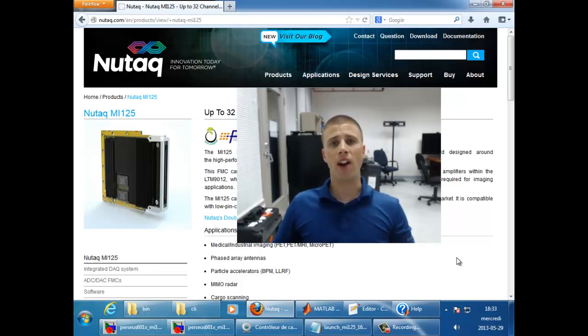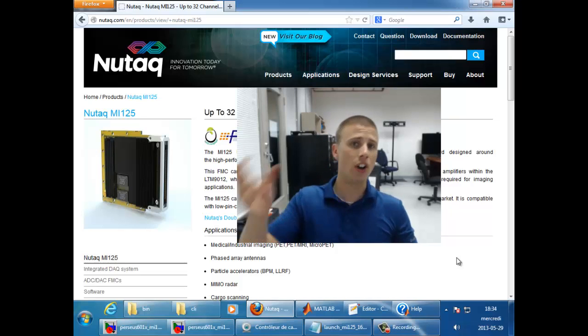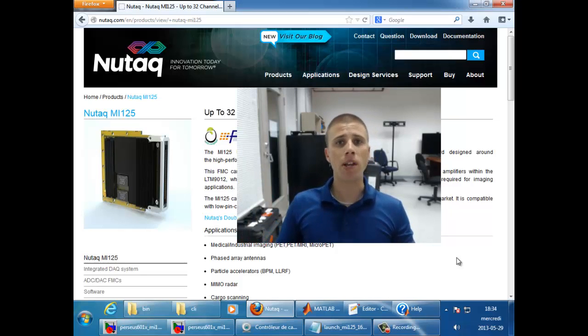The MI125 samples data at a rate of 125 megasamples per second, and the form factor of the card is FMC, which stands for FPGA mezzanine card. That means that the MI125 is actually a daughter card for an FPGA board.